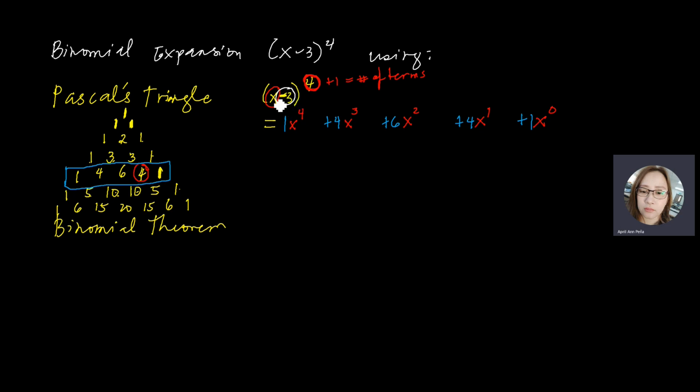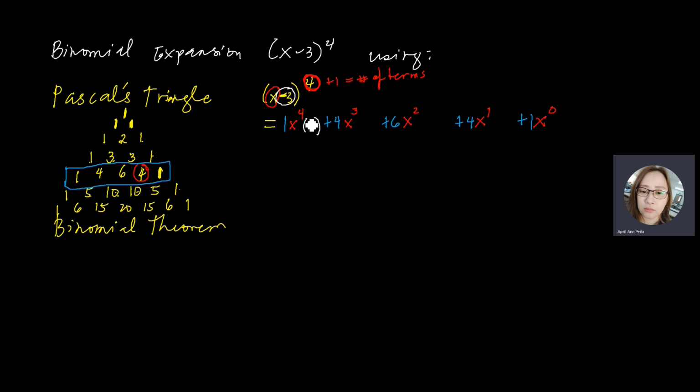Why is it -3? Because the given is x minus 3. So automatically, the second term will become negative because of the minus. If this is plus 3, then it is just positive 3. But since this is x minus 3, automatically 3 is negative. So you're going to copy the sign. So we do have -3.